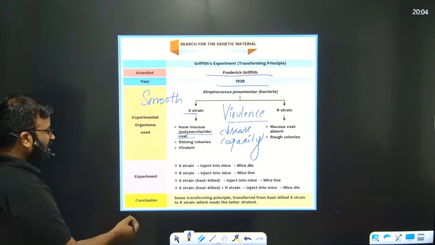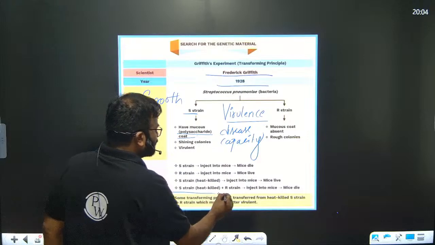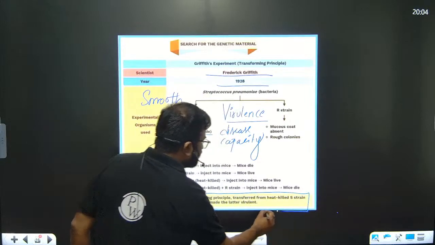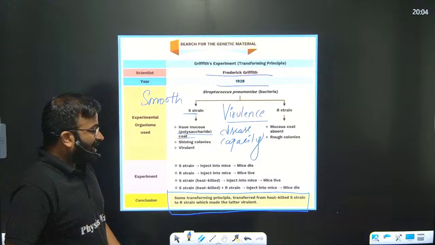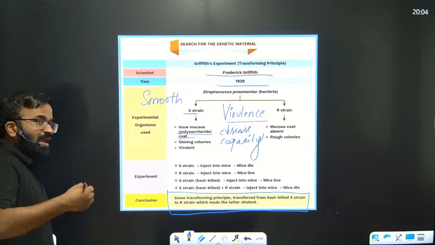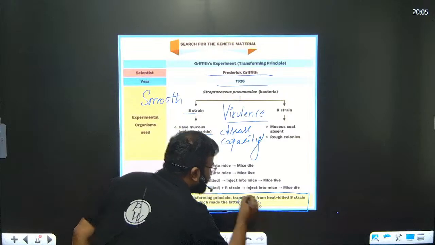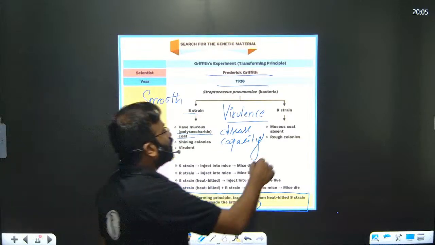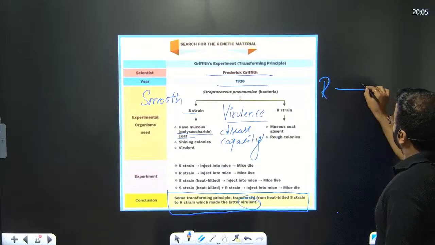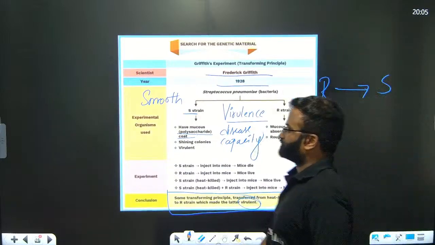So what is the conclusion? Some transforming principle transformed the heat killed S strain into the R strain, which made the R strain into the virulent strain. R has become S.